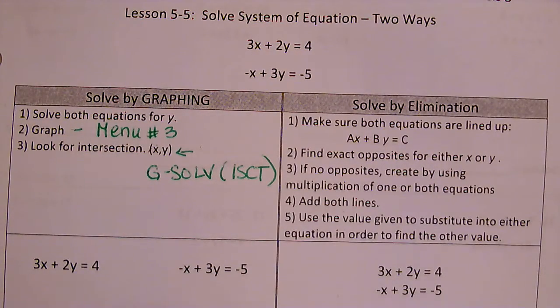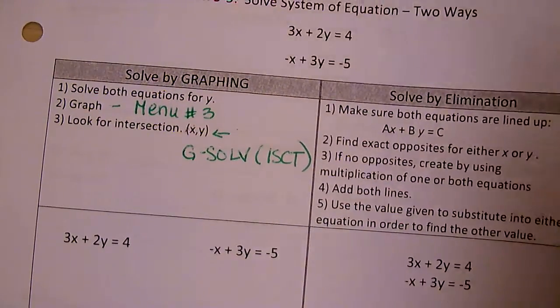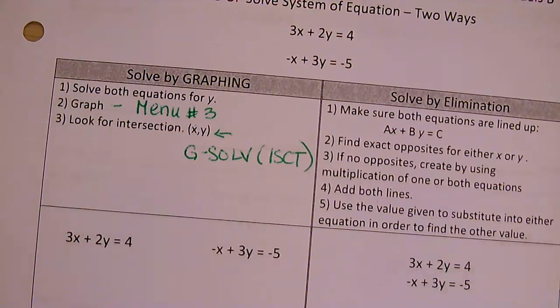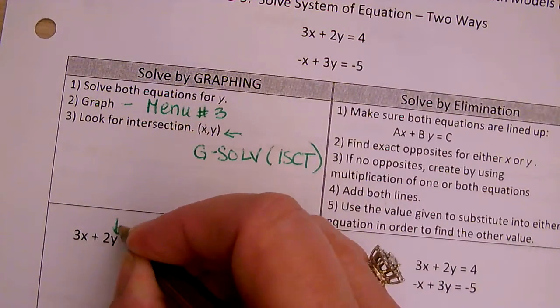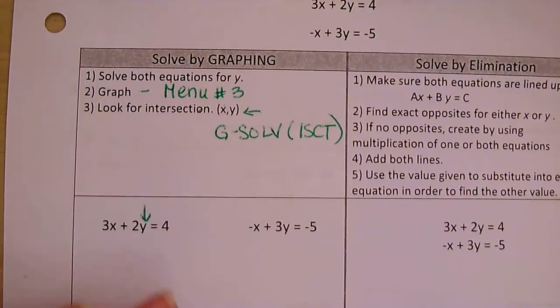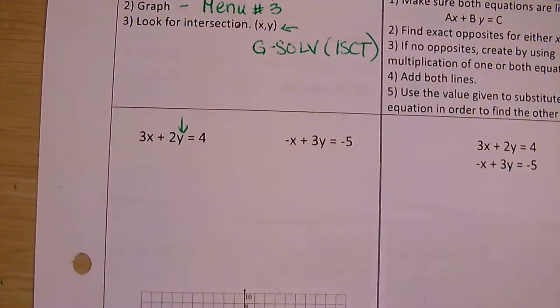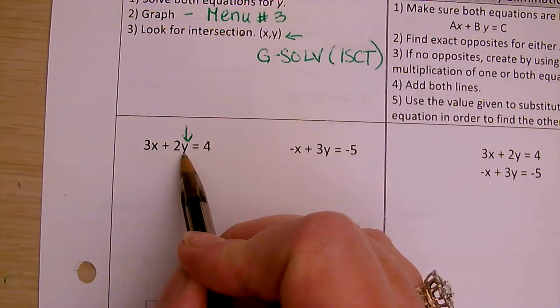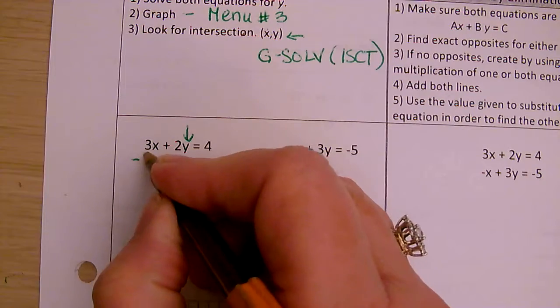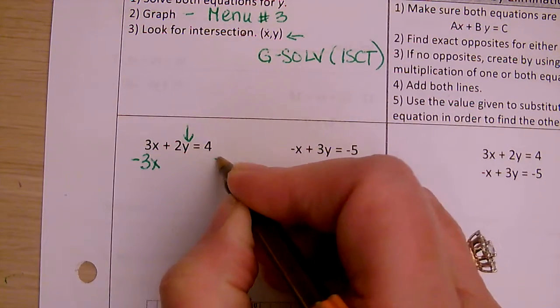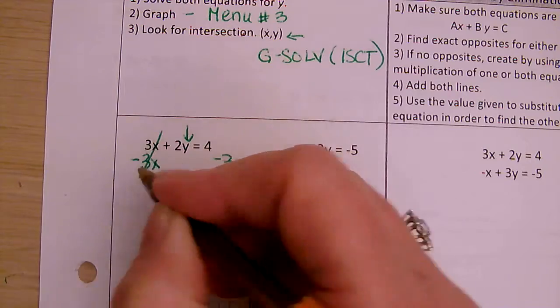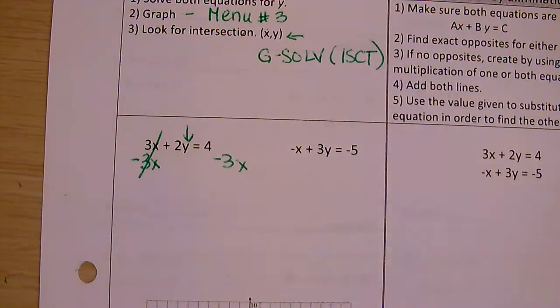So let's get started. This is where we're going to have to take each equation and solve for y. So I'm looking at the y right here. And the first thing I want to do is get rid of the 3x. So I'm going to go minus 3x, minus 3x, and cancel that out.